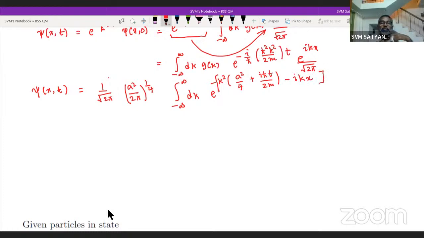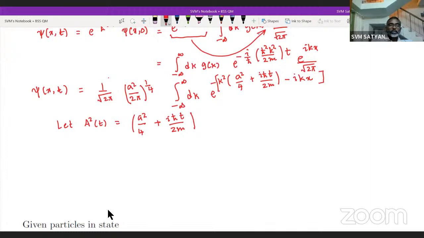So this is my equation. Now let us define a square of t as a square by 4 plus i h cross t divided by 2m. It's a complex number, and I'm going to call this a square of t.